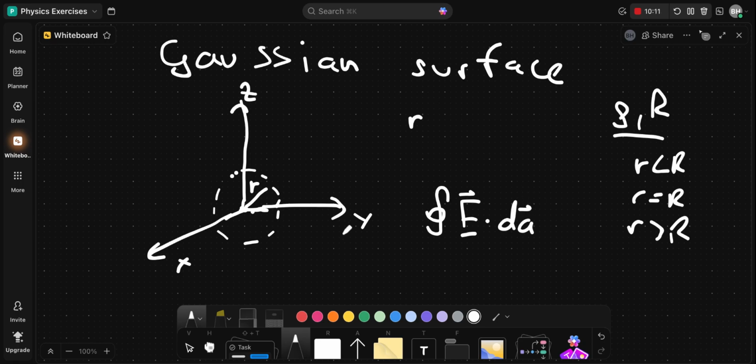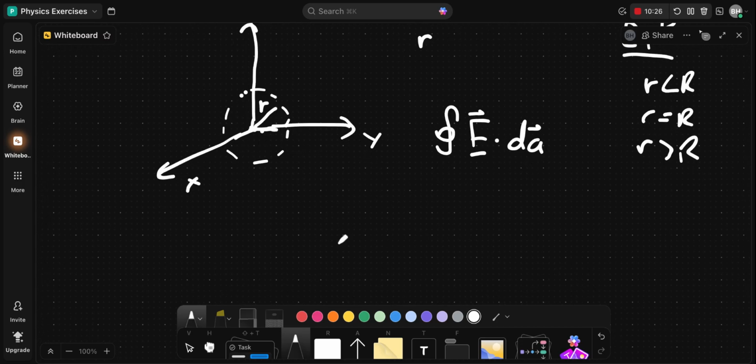What you know about spherical symmetry is that the electric field, a priori, could have three components. We could write it in Cartesian, Ex, Ey, Ez, but that's not convenient here.